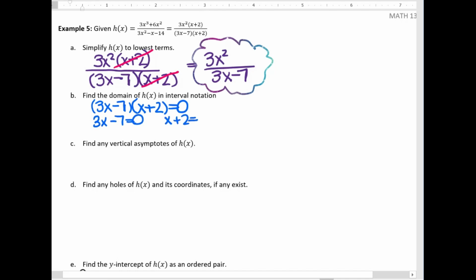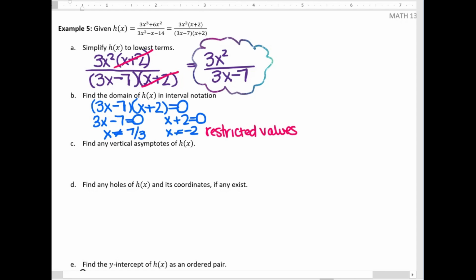So if we take each of these factors and set them equal to 0, we find out that x is equal to 7/3 and x is equal to -2. These are our restricted values, the numbers that we cannot use because they would make our denominator equal to 0.